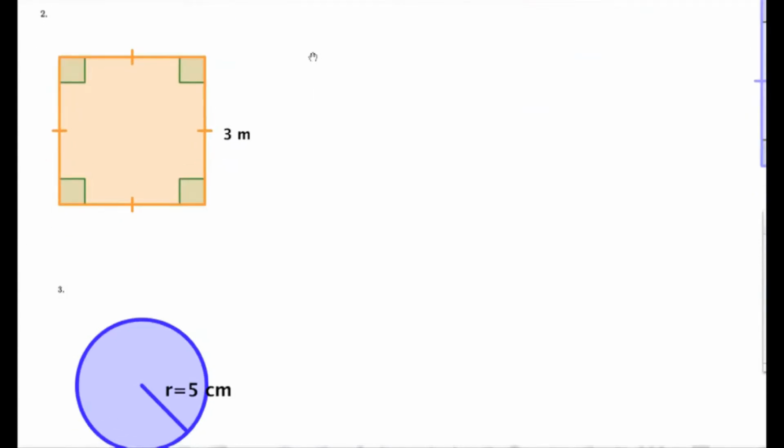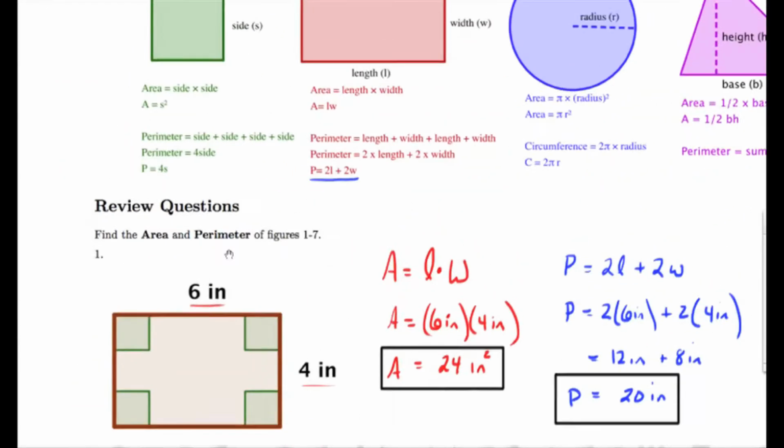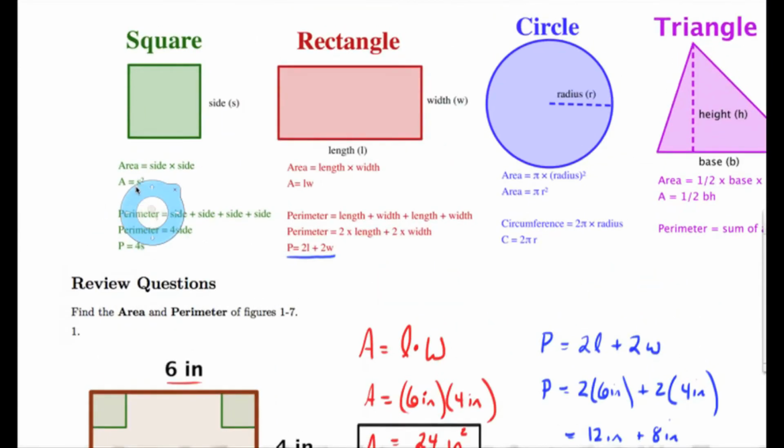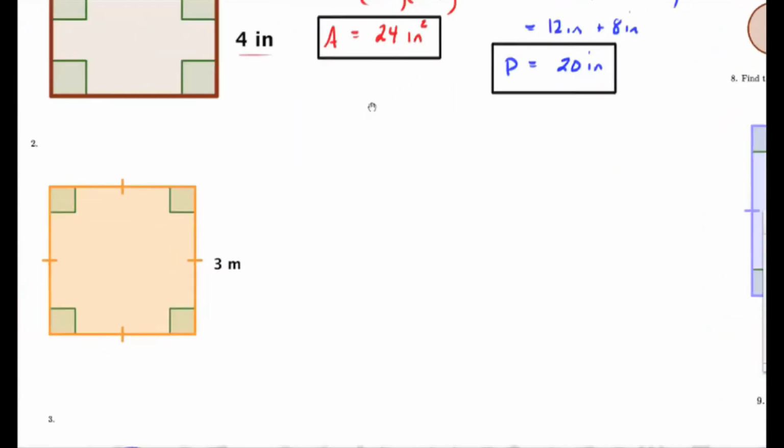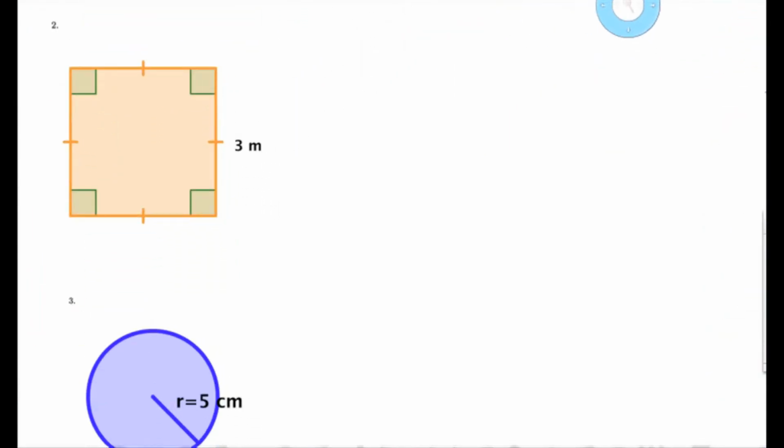So number 2, we have a square. We know all the sides are congruent and we have 90-degree angles. With a square, for the area, we just multiply side times side. And for the perimeter, since all the sides are the same, we just multiply 4 times s, and that'll give us the distance around.